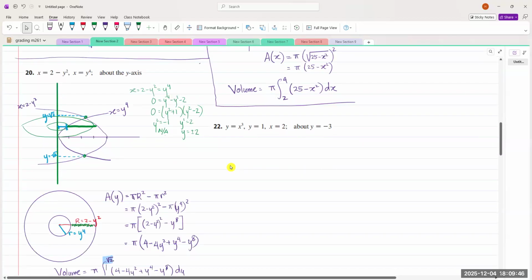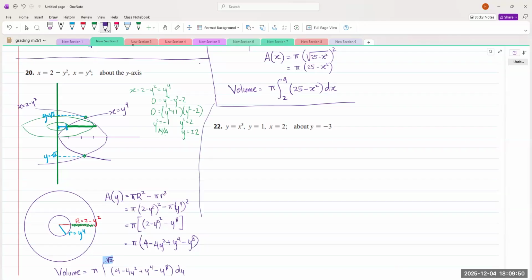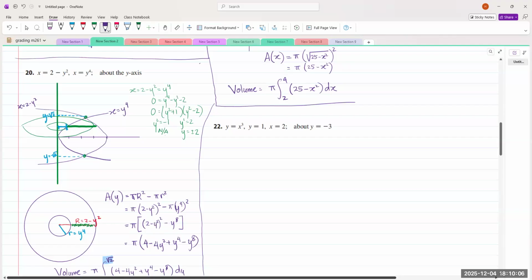Okay. Too bad I'm doing this by myself, but if I have any students here, then the students can ask me questions. But you see the procedure. Sketch the region first, draw the typical line, and then rotate that with respect to the axis of rotation. Then you see the washer, or the ring.